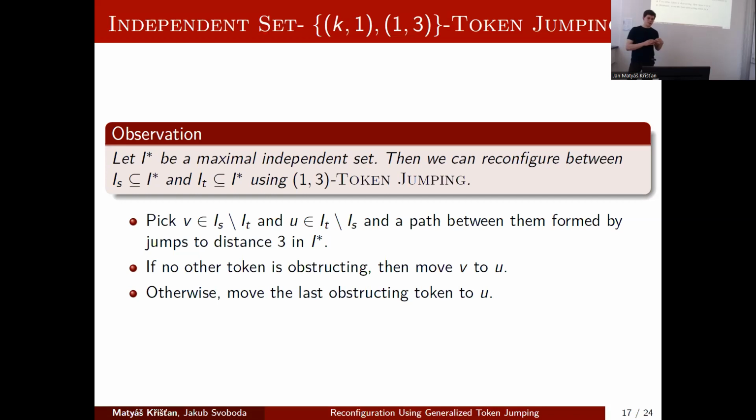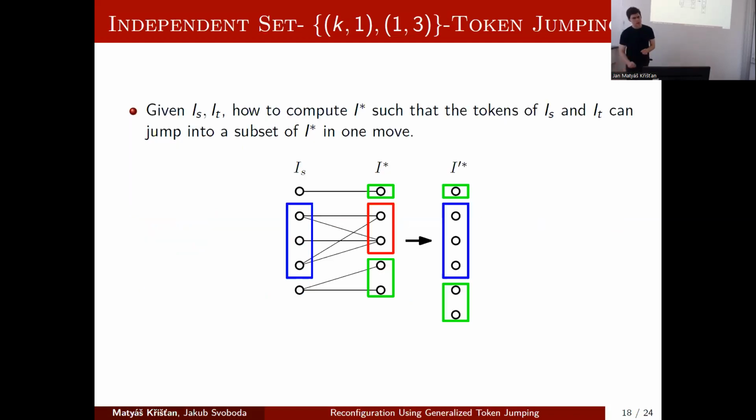If there is no token blocking them, then we can jump only in the vertices of the maximal independent set, and we will do a part of the reconfiguration. If there are some tokens blocking us, then we can just pick the last blocking token and move to the goal. So this part is not that hard. Now our task will be to compute some maximal independent set given the 2 independent sets, such that we can move into it from both.